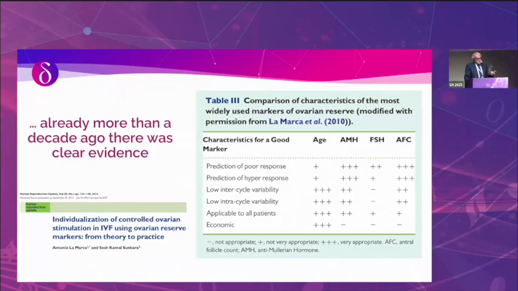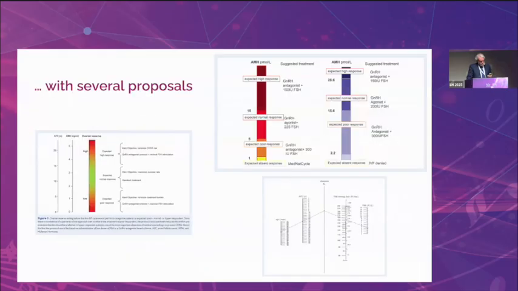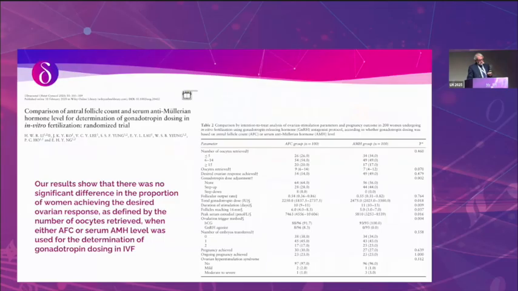There is clear evidence of a correlation with these different markers, markers of the ovarian reserve, with some difficulty in some cases to use an algorithm. But it is clear evidence that both markers work more or less in the same manner, but probably that is not just my opinion.